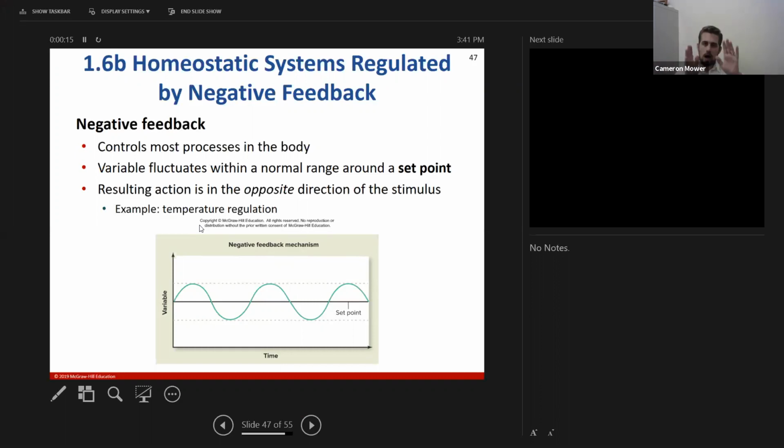Your temperature is going to go up and down, but it's going to remain in that general ballpark of 98.6, because as it starts to creep up, those receptors and control centers send information to the effector, which will then bring it down. As it starts to creep down, we do the opposite thing and bring it back up. That's negative feedback. Negative feedback is making sure that we keep that teeter-totter balanced.